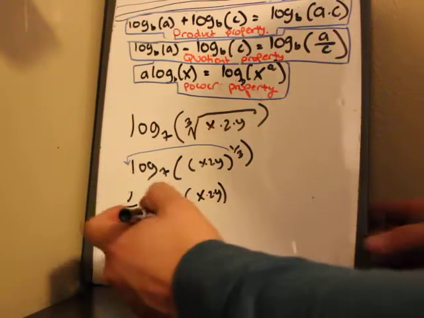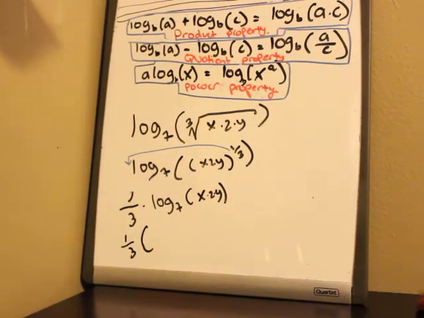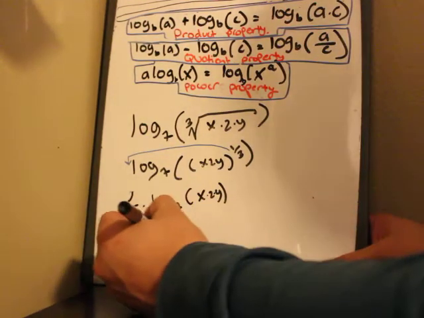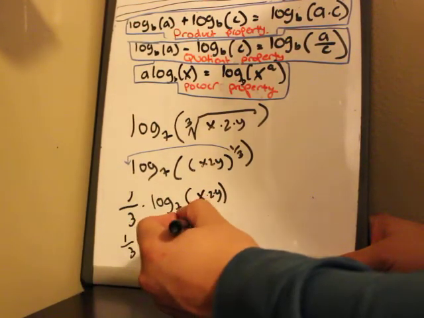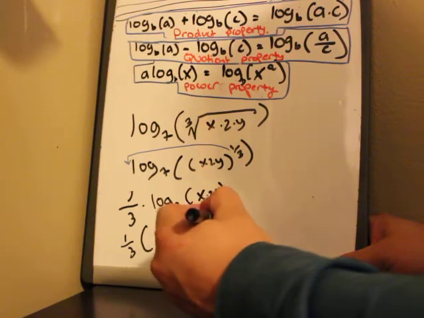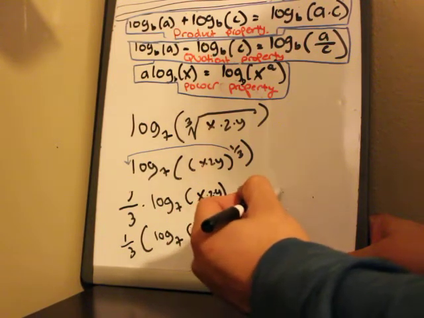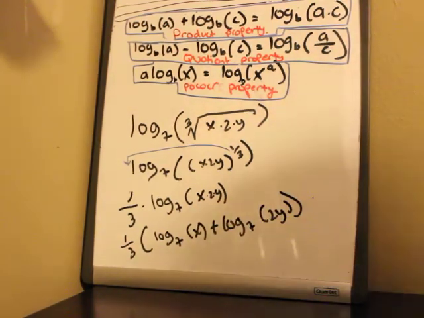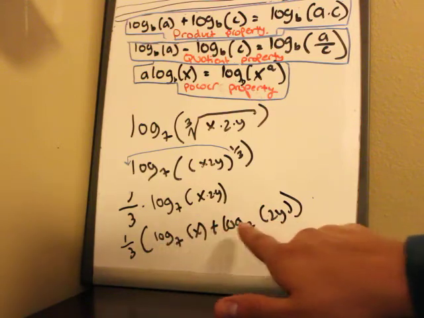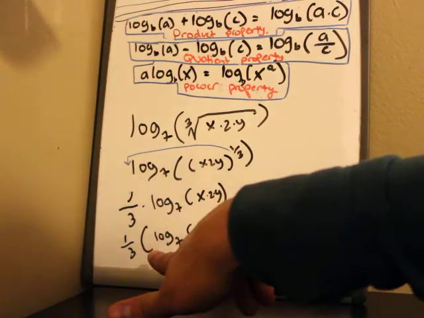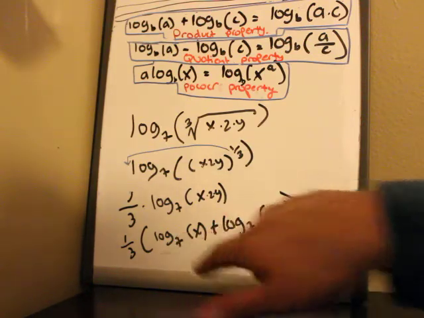So we can rewrite this now as 1/3, and I'm going to put parentheses, log base 7 of x plus log base 7 of 2y, and I'm going to close the parentheses. There we go. Because the 1/3 is multiplying, we could distribute and multiply each, so I want to make sure I always put parentheses closing it out. Okay, so I kind of expanded that out.